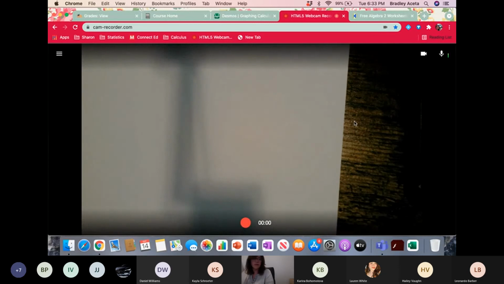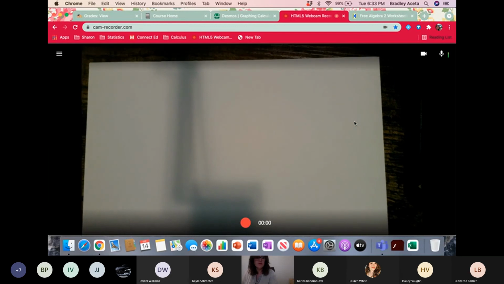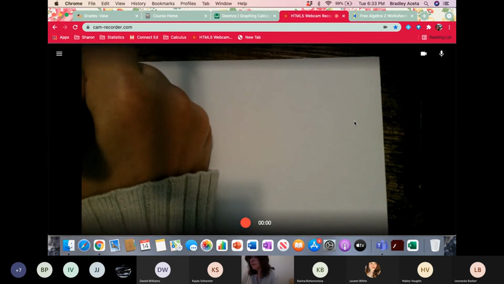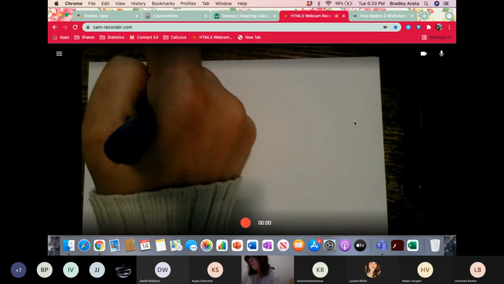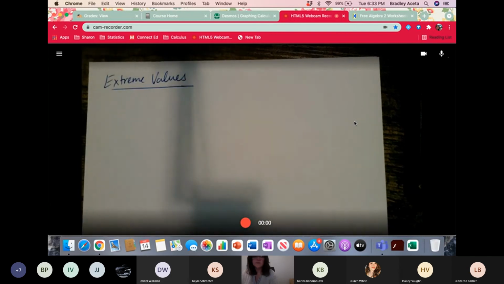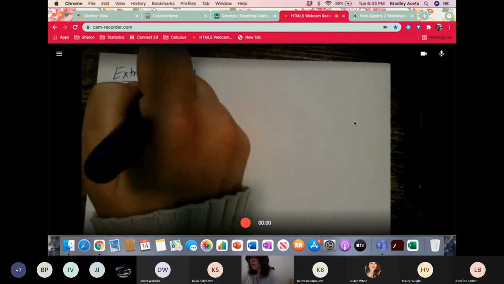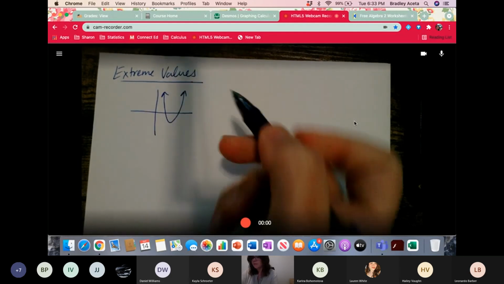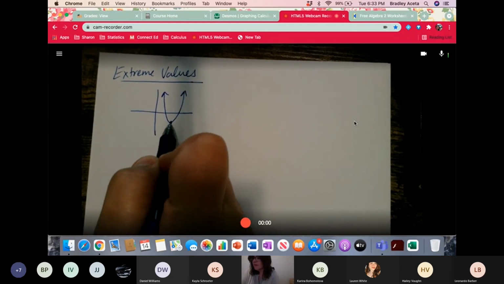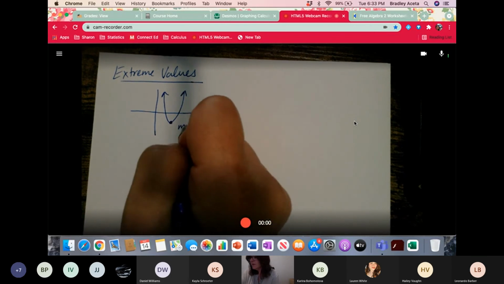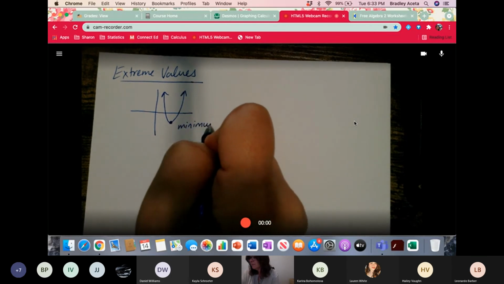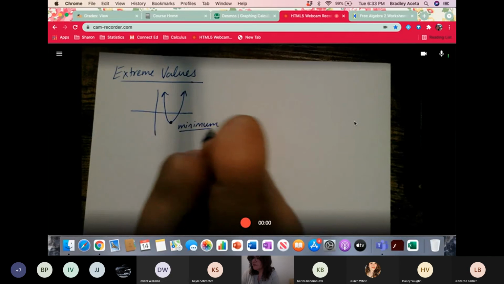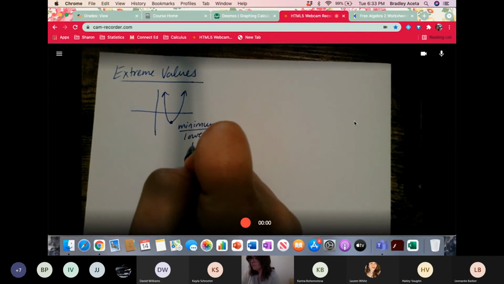Now, let's do some easier stuff. Max and mins, also known as extreme values. Sometimes they're called extrema. So if you have a parabola that looks like this, that point right there is known as the minimum. It's the lowest point on the graph.